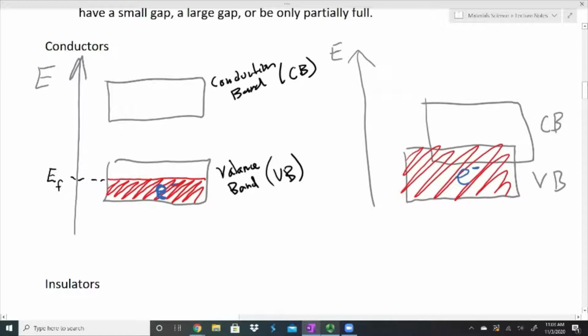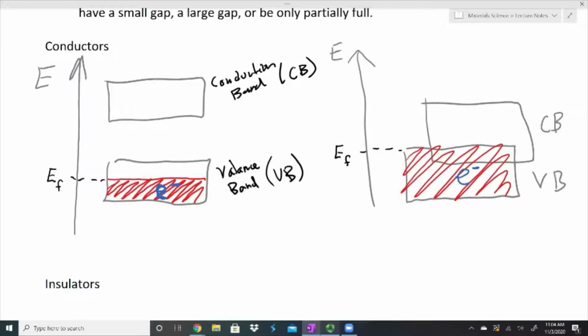And for now, I'm going to call that E subscript F. We'll talk about what that is in just a moment. But right now, that is just going to be kind of our, at 0 Kelvin, when we don't have extra thermal energy, no extra energy in our system, where our electrons sit. All of our electrons sit below that, no electrons sit above that.